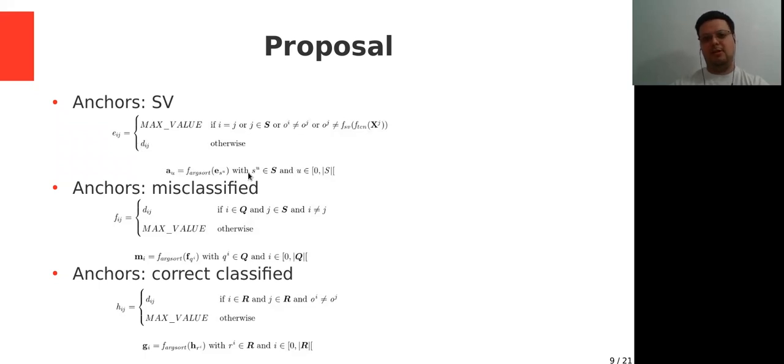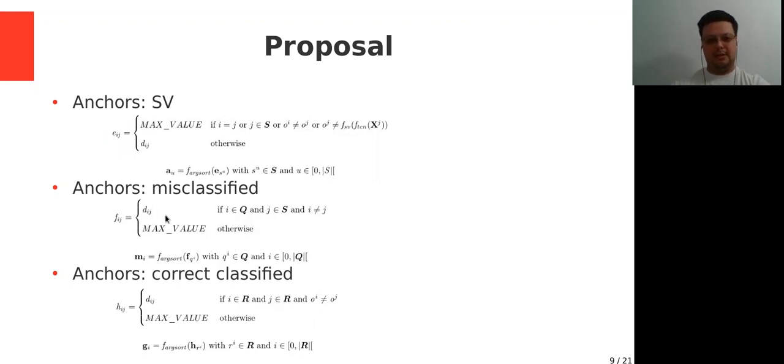We take all our support vectors from a set S, that is a set of support vectors, and for each of them, we do an argsort. So we get the closest instance to this support vector, fulfilling these conditions. So in this matrix A, we have a lot of vectors that have the indexes to all the closest correctly classified instances to all the support vectors.